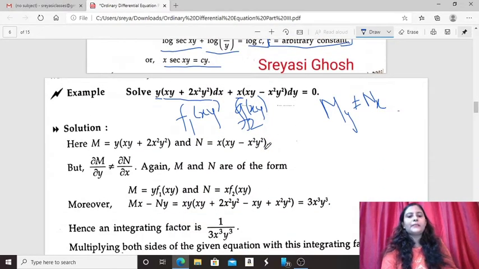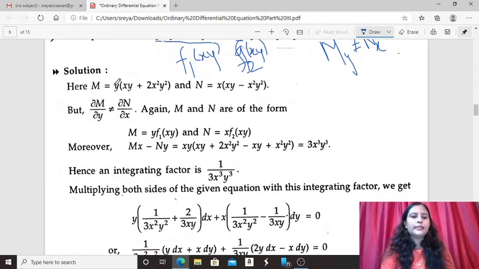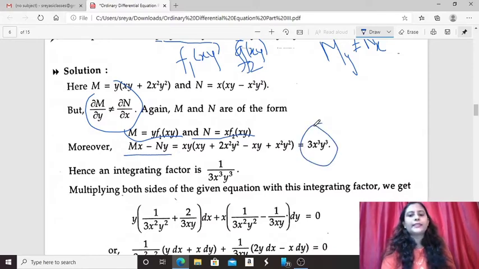Here the steps have been given. All of us can check that since it is not exact, and M is this one, N is this one, Mx − Ny we are getting as 3x³y³. So the integrating factor will be 1 divided by 3x³y³, since 1 divided by (Mx − Ny) is the integrating factor. Here we are multiplying, not partially differentiating.